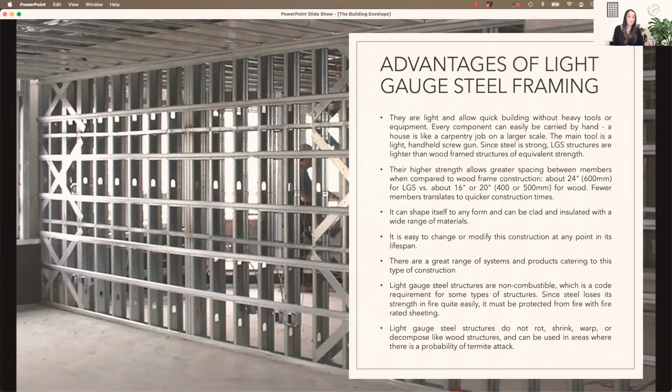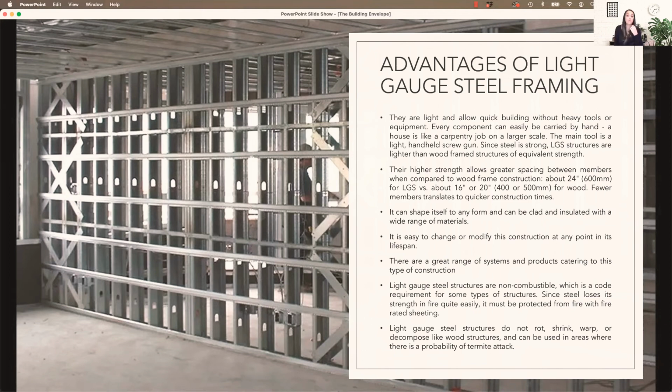With using steel, you can usually get away with larger spacing between the studs. So about 24 inches on average in steel frame construction versus that 16 inches on center for traditional wood framing construction. Steel is great for building radiuses or curved walls because you can transform it and build tracks where you can build around it.